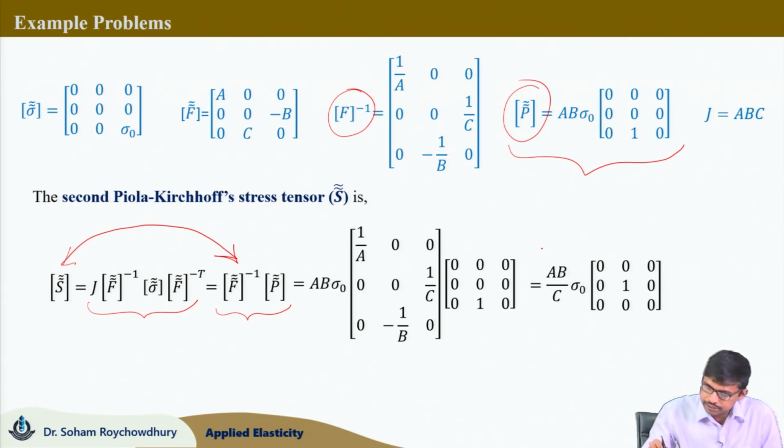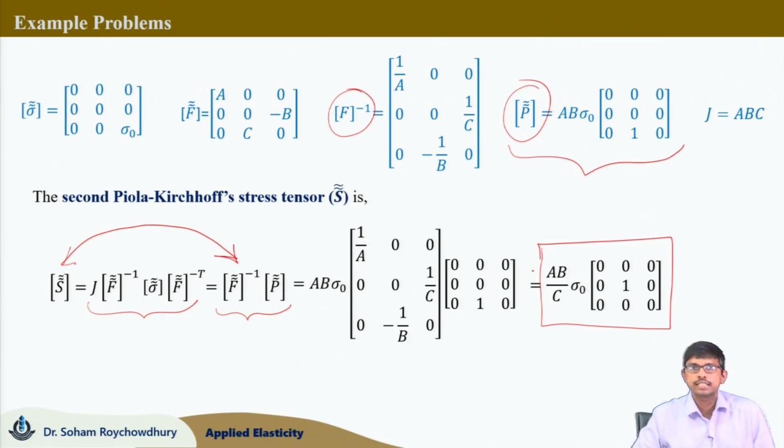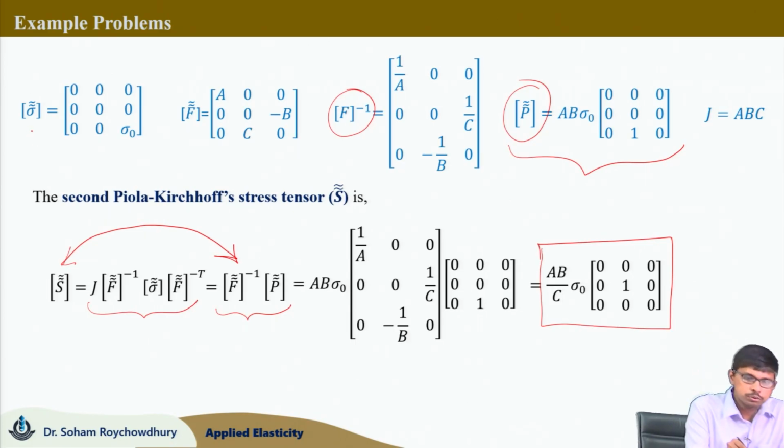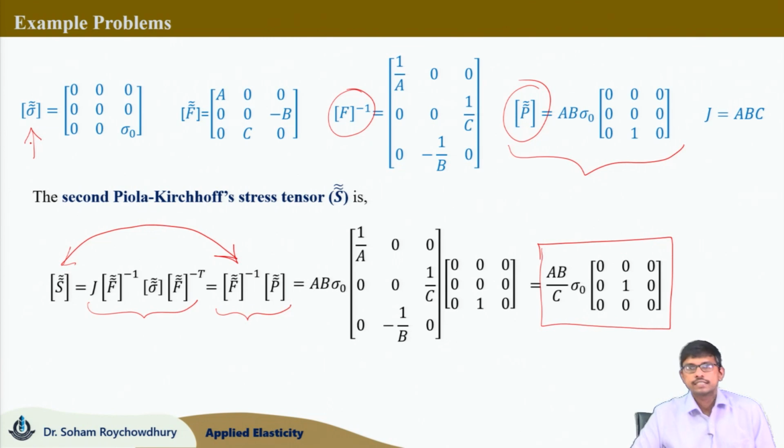So, this completes the present problem. This is the second Piola-Kirchhoff stress tensor corresponding to the given Cauchy stress tensor sigma. For any problem, if any one of these three stress tensors sigma, P and S is given, and you know the deformation mapping, that is the deformation gradient tensor F, then it is possible to convert the given stress tensor into the remaining two.